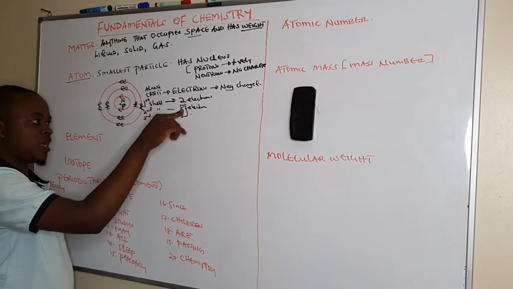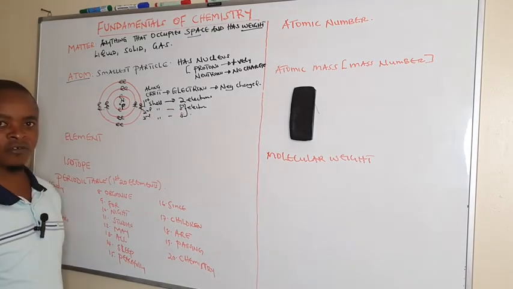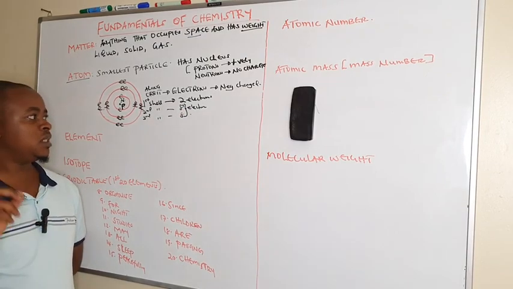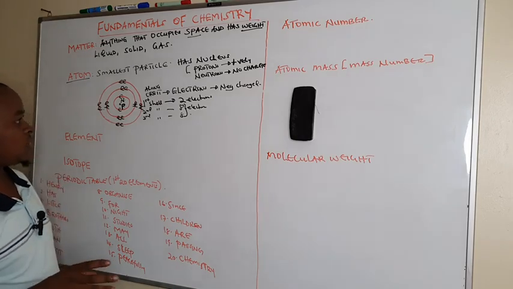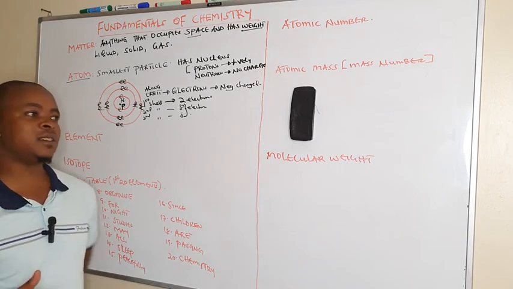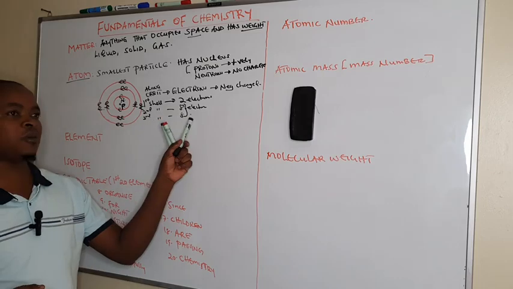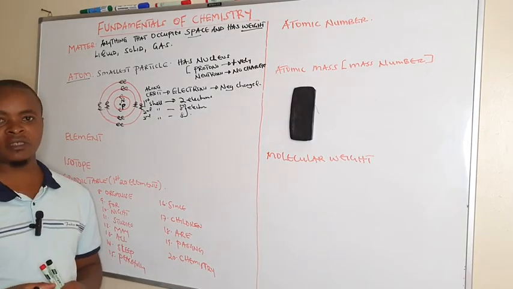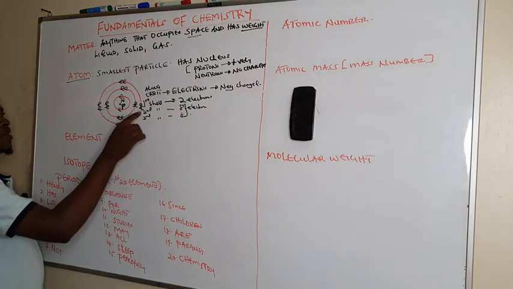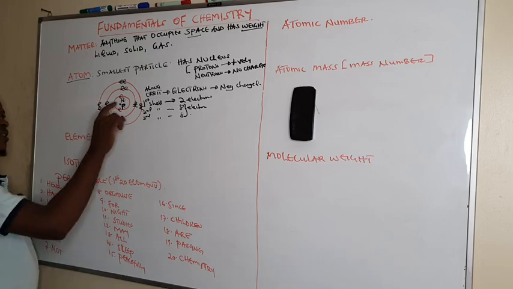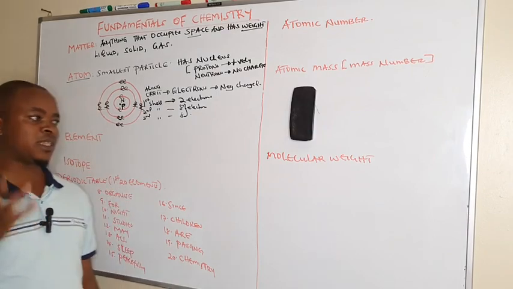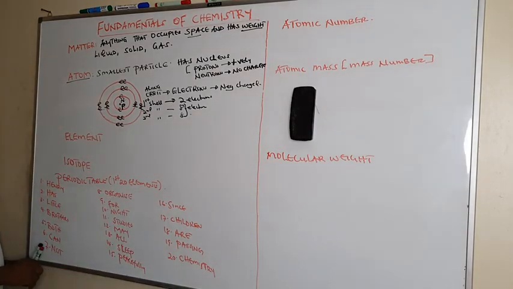If you have an atom with 8 electrons in the outermost energy level, it is also unreactive. For example, neon, argon, and helium are examples of unreactive elements, and we call them rare gases because they have a stable electronic configuration. That's why we say they are unreactive. So for an atom to react, it must be either lacking or having a small number of electrons in the outermost energy level. And that's how we can use them even to determine the valence.